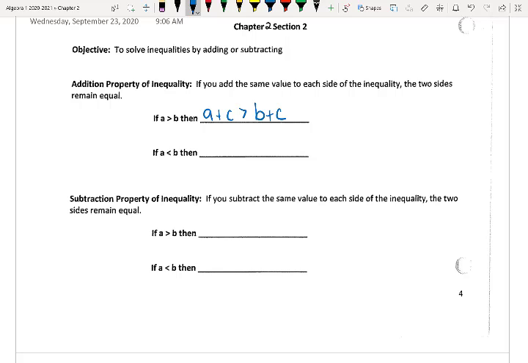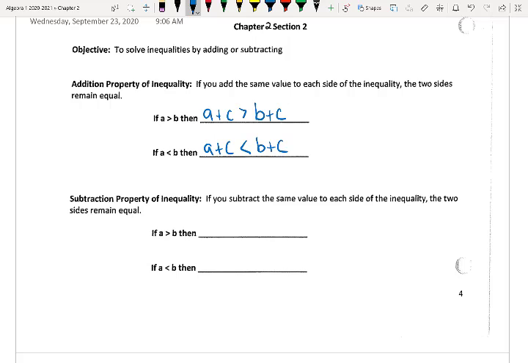And the same thing applies if A was smaller than B. A plus C is still going to be smaller than B plus C. And the same thing for our subtraction. If I subtract the same thing off of both sides of my inequality, the truth of my inequality stays the same. It does not change.